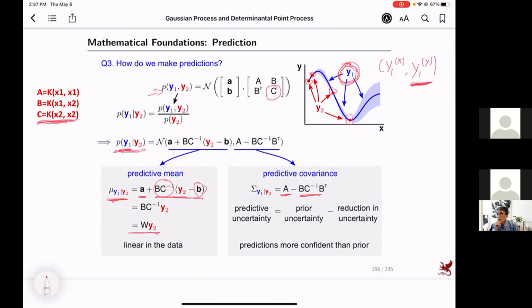But it is not that I have only one set of y2s. I have multiple sets of y2s. What do you mean by multiple sets of y2s? I observed one set of y2 for a particular function, and I observed another set of y2s from another particular function, and another set of y2s for yet another function.